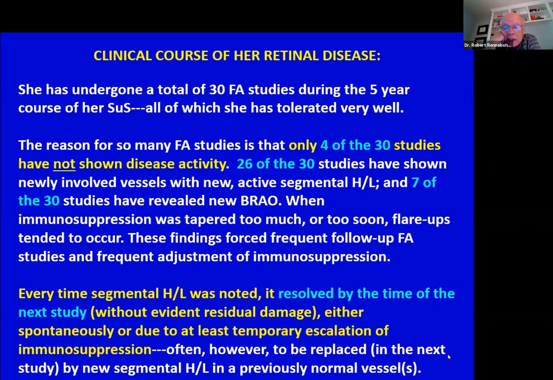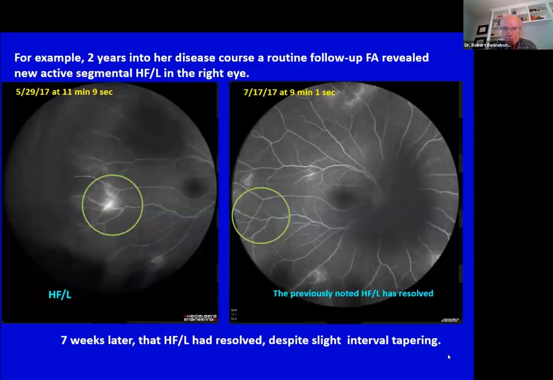And that resolution occurred either spontaneously or due to at least temporary escalation of immunosuppression. Often, however, the previous segmental hyperfluorescence and leakage was replaced in the next study by new segmental hyperfluorescence and leakage in a previously normal vessel.